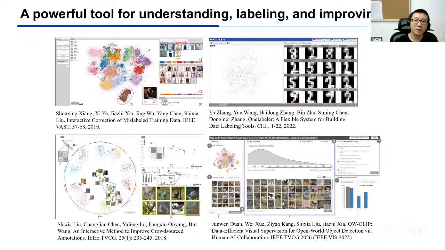High-dimensional data visualization is a powerful tool. Here are several typical visual analysis interfaces for labeling data and improving data quality. In these interfaces, high-dimensional data visualization provides a space to perceive and interact with high-dimensional data.